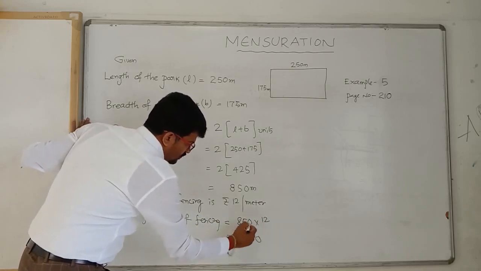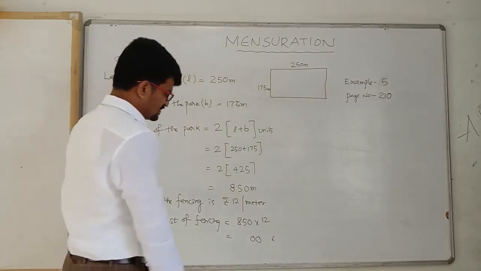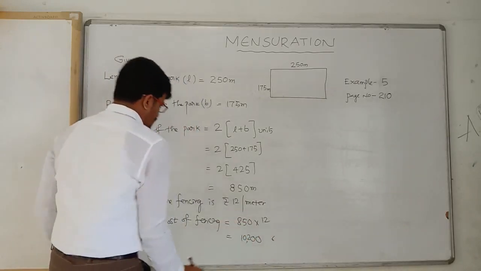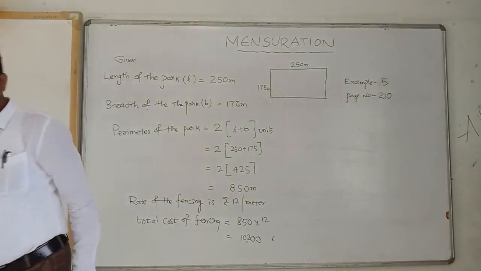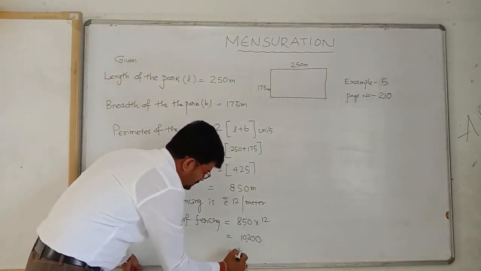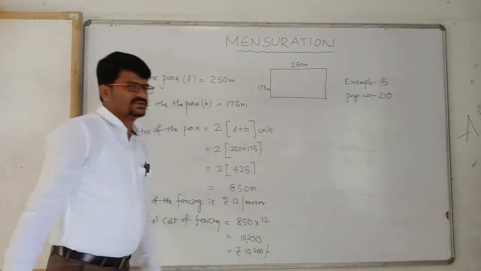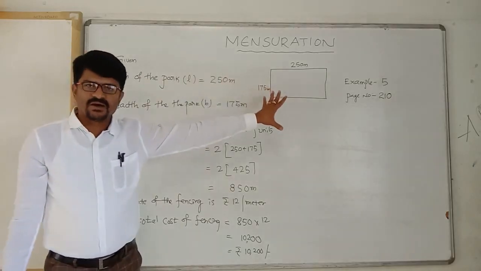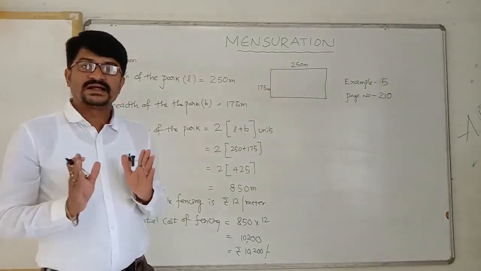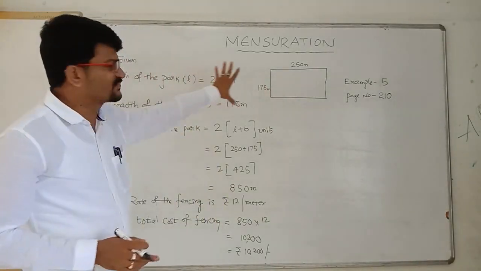Now 12 fives are 60, 12 eights are how much? 96, 96 plus 100. Therefore, how much amount? 10,200 rupees. How much amount do we have to afford? 10,200 rupees we have to afford to make this fencing.